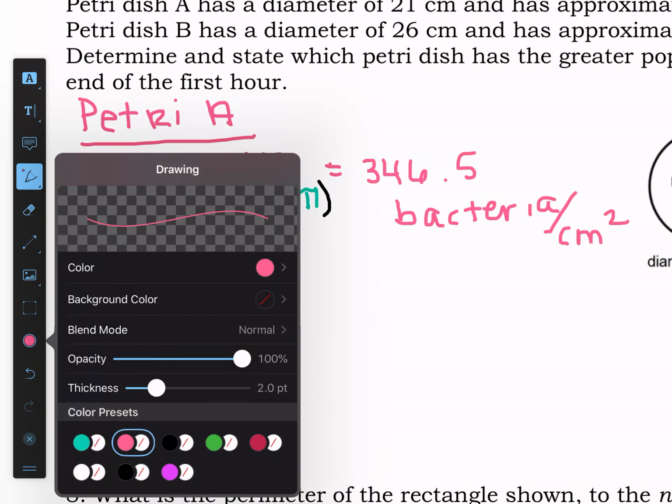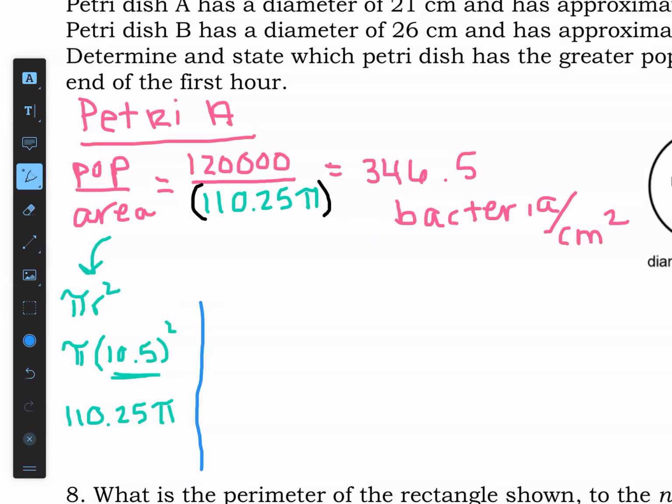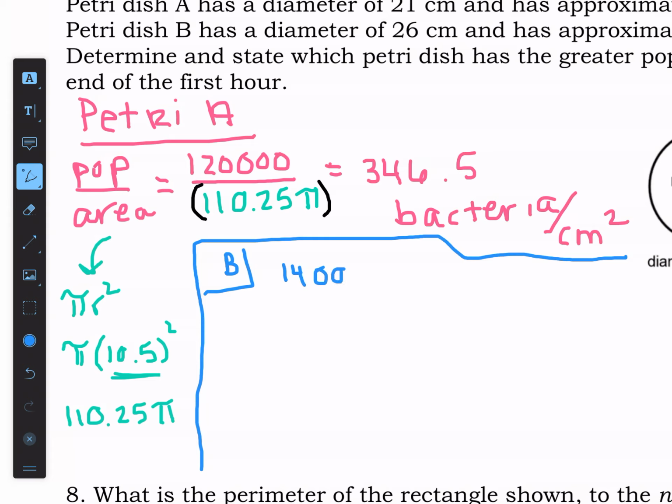All right, so now we need to go ahead and get our population density of petri dish B. Okay, so now this is B. All right, so we're doing the population over area. So our population is 140,000. And again, for our area, we're going to have to figure that out. So the diameter of petri dish B is 26, which means that the radius is 13.